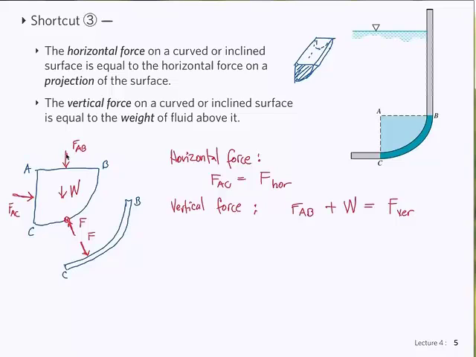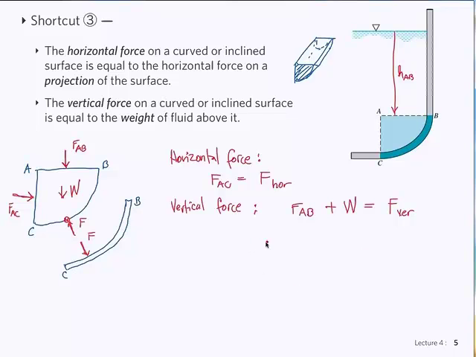Now, FAB is the force due to pressure on this surface, which is basically only going to be a function of the depth of this line. So basically it's just this h here, the depth of this line AB, so it's going to be gamma h times area.